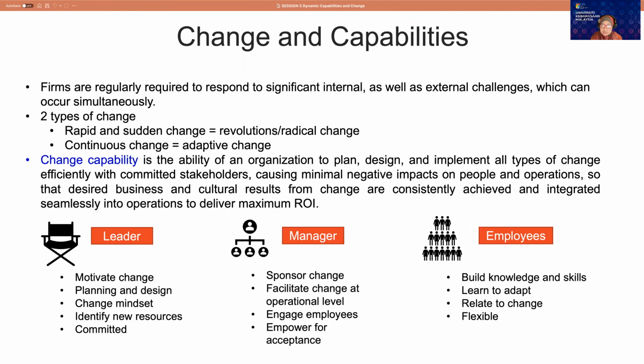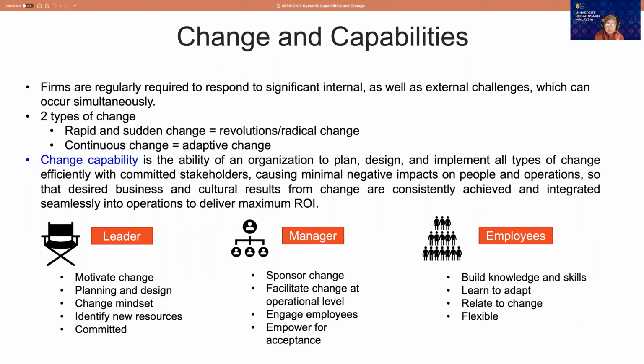So there are two types of change. First is the rapid and sudden change, which can also be known as revolutionary or radical change, and second is continuous change, which occurs through time, where we call it adaptive change. Between these two there are pros and cons, and they can happen in different situations.